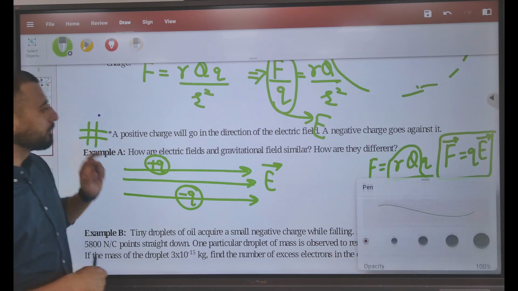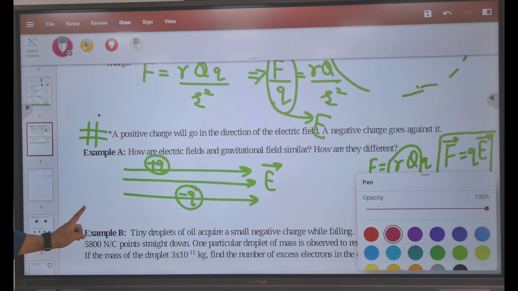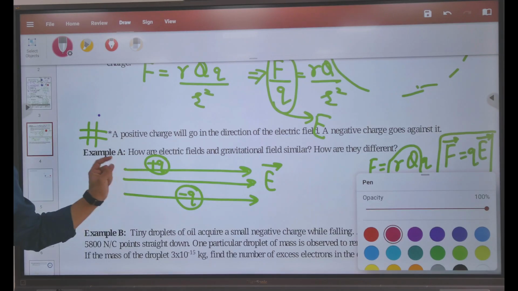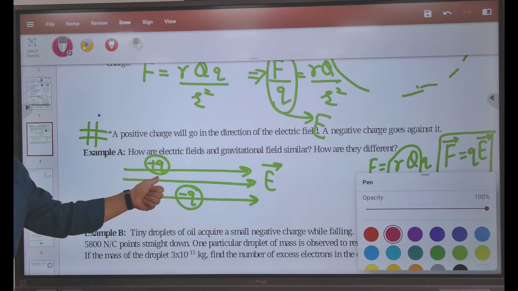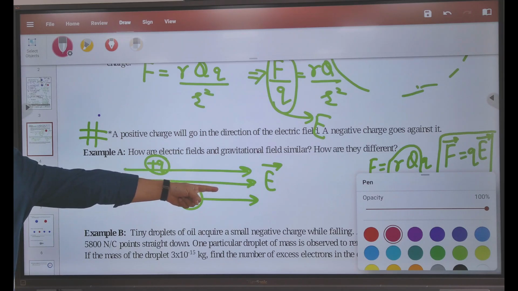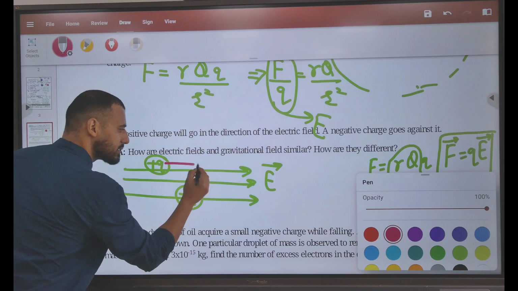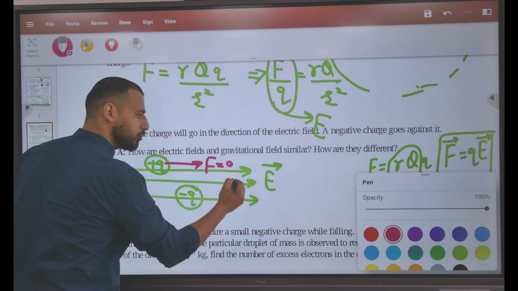For plus q, what will be the direction of the force? It will be the same as that of the electric field, so it will go like this. And the force will be given by QE.